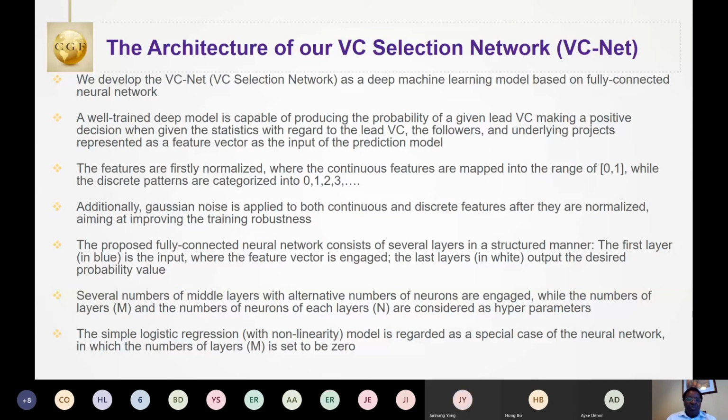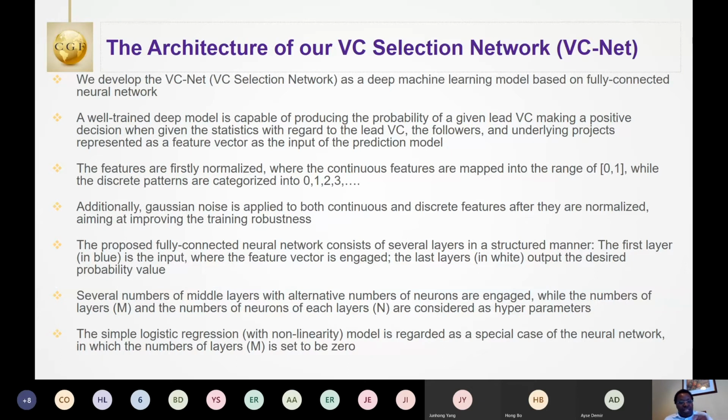The whole rationale is that a well-trained deep model should be capable of producing the probability of a given lead VC making a positive decision, when it is given all the data regarding the lead VC, the followers, and the underlying firms. With all the data presented as a vector in the input of the prediction model, it then generates the predictions.